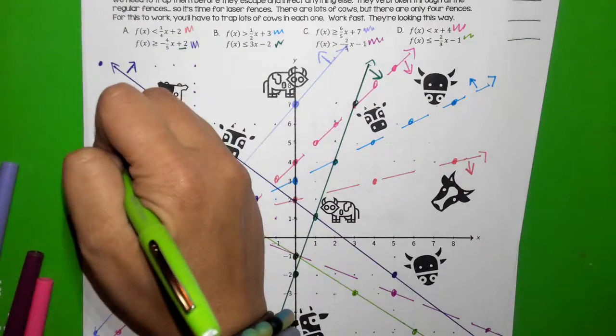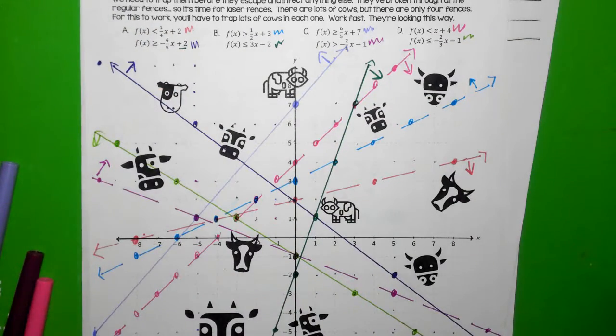I think I know it. Okay. So if we have 4 fences, right?